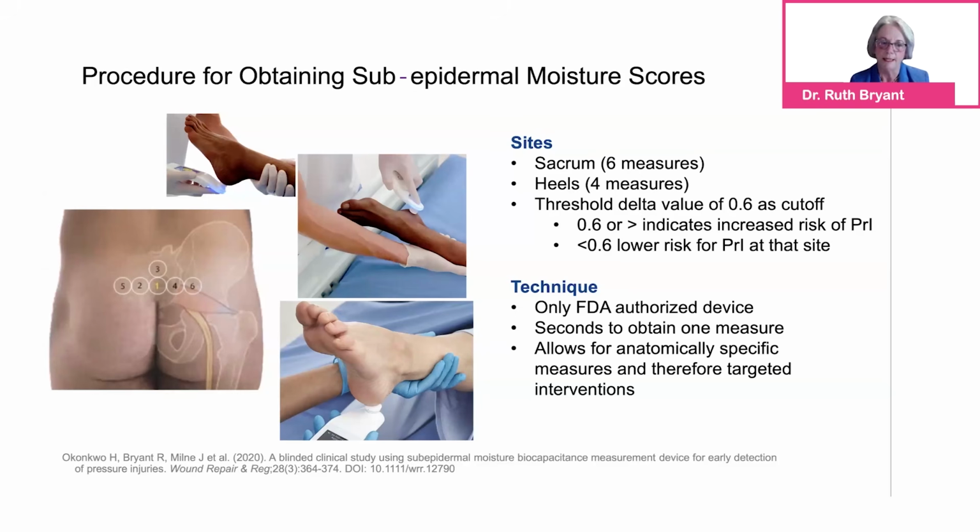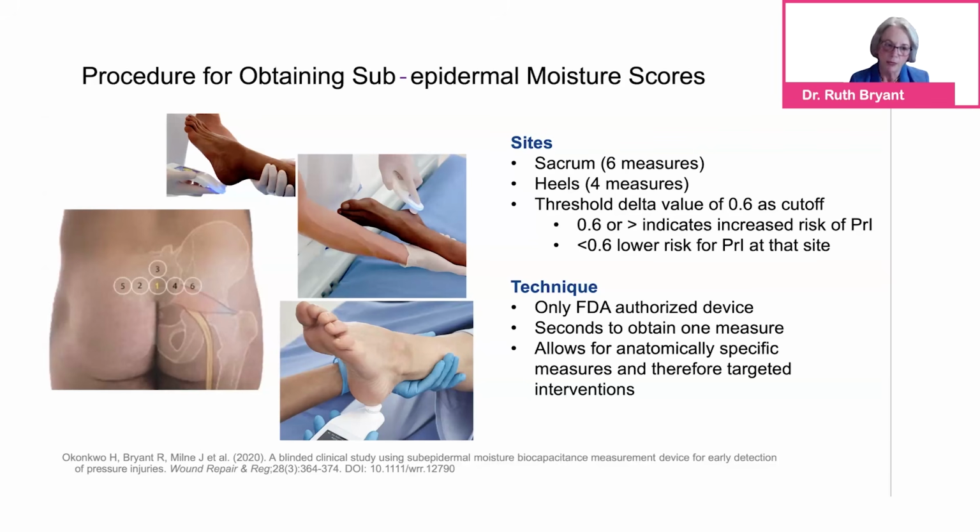This is an example of the procedure for obtaining the subepidermal moisture scores or readings. Again, we're looking at the sacrum and the heels. In the sacrum, you're going to obtain 6 measures: right over the bone, then 2 to the left, 2 to the right, and 1 just slightly above the sacrum. What we're doing is measuring the amount of moisture over the bone and around it.